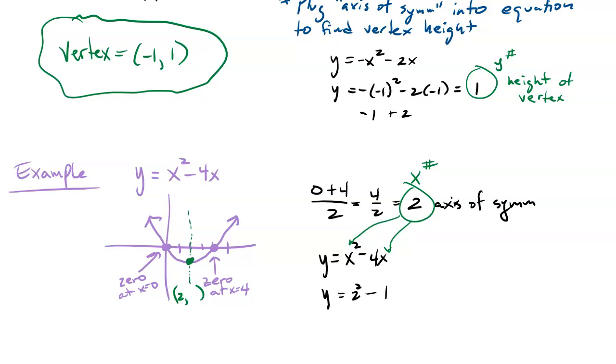Now this one definitely has easier numbers. So 4 minus 8 is negative 4. This is going to be the y number of your vertex. So my vertex is (2, -4).